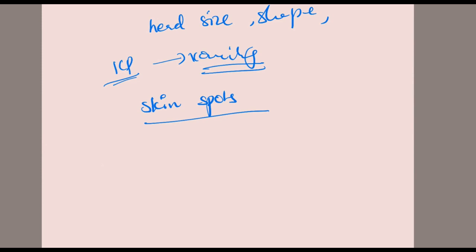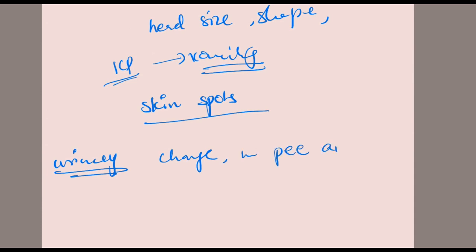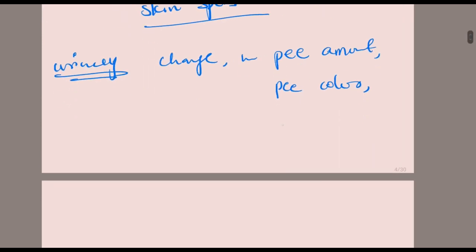And the urinary system, you need to ask, the relevant history is of the genitourinary system. Did you notice any change in pee amount? Don't say urine, just say pee amount or pee color, or increased frequency of the pee, or pain while peeing. And what to ask in the case of the musculoskeletal system?